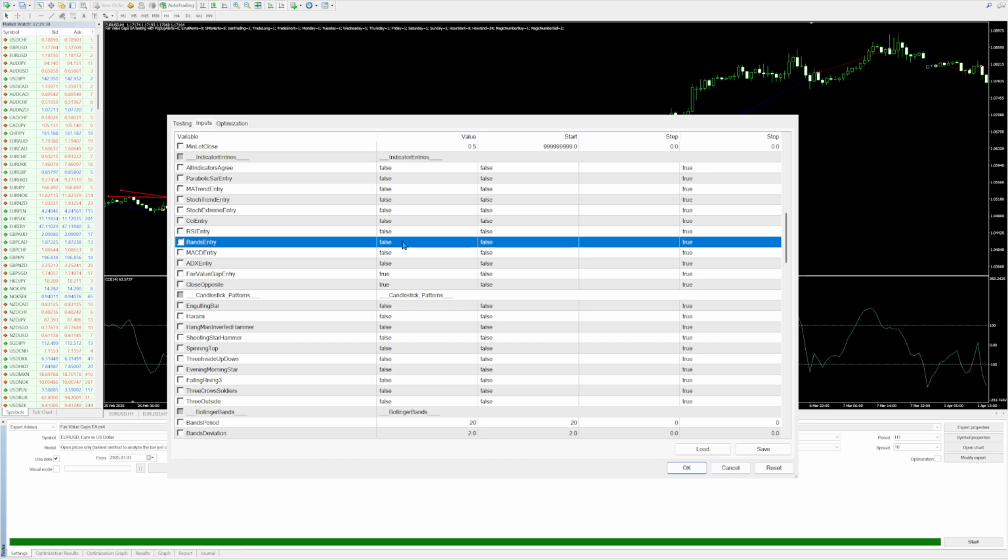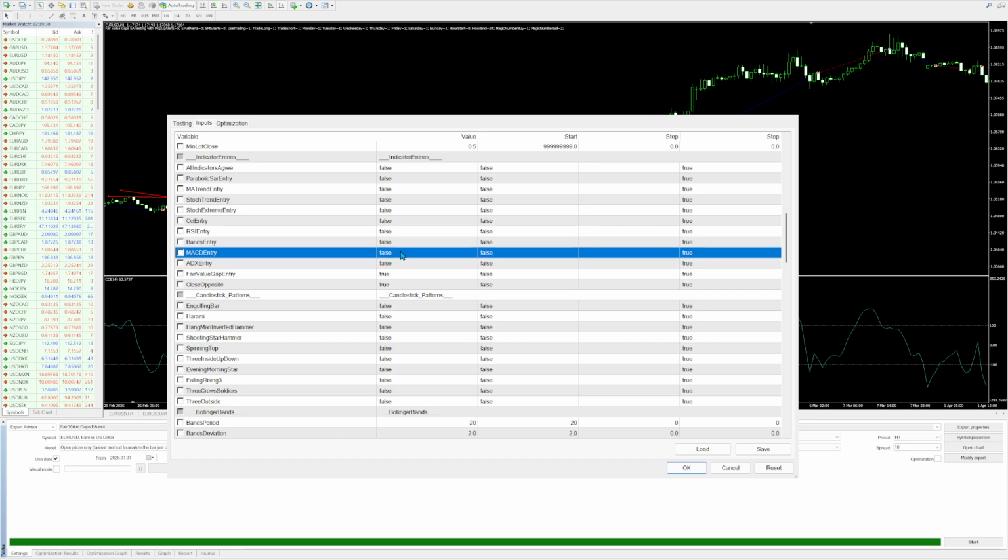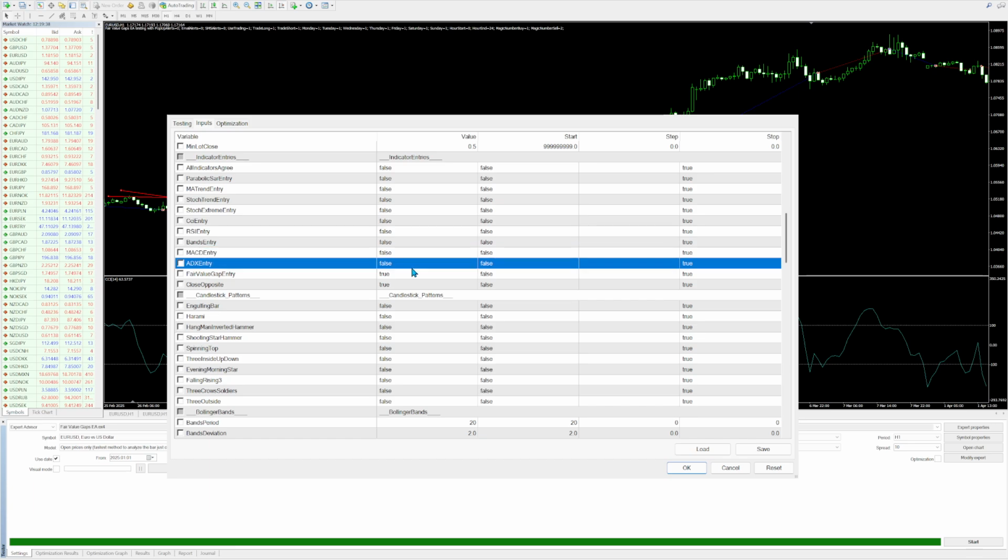Bollinger Bands, so the price must be above the bands for a buy or below the bands for a sell. MACD entry, so the histogram should be above the signal line for a buy or below the signal line for a sell. ADX entry, so the ADX should be trending upwards for a buy or downwards for a sell.